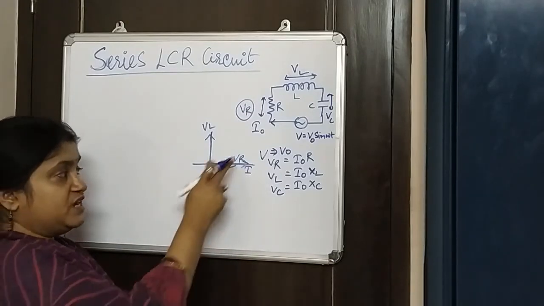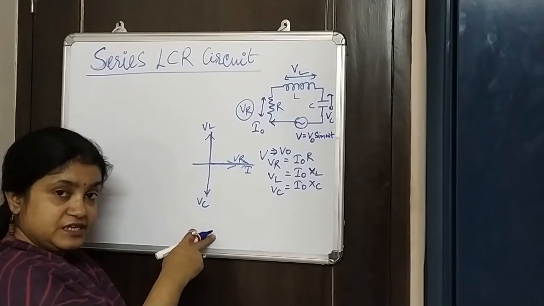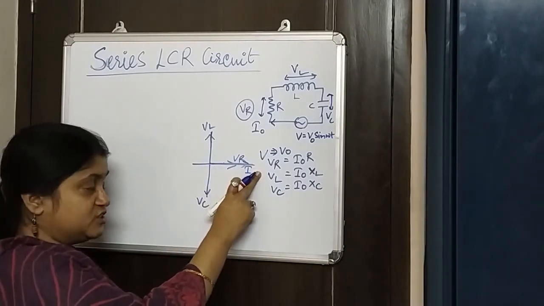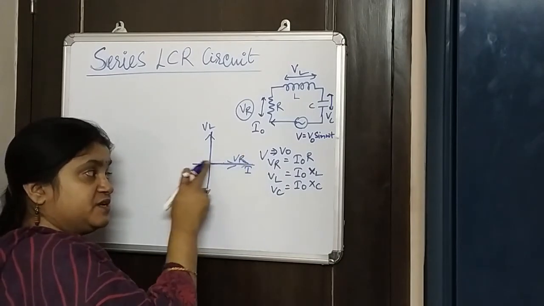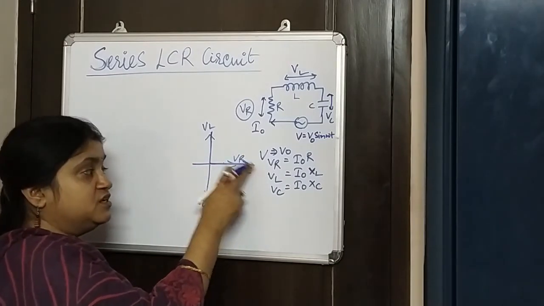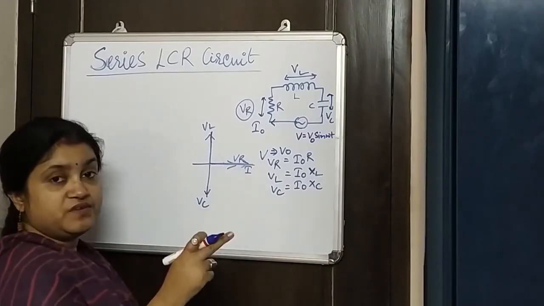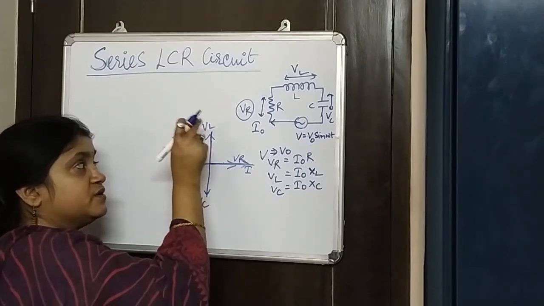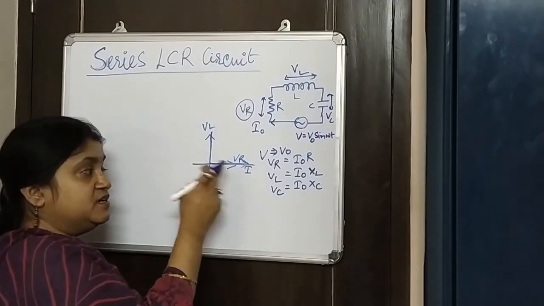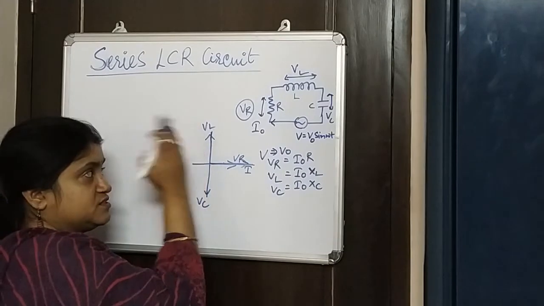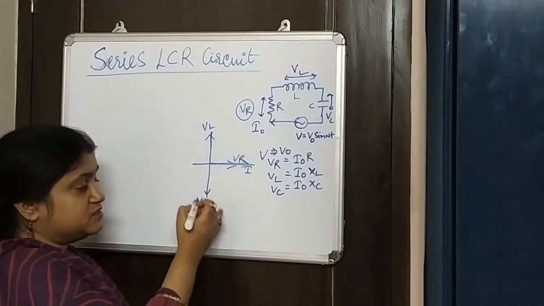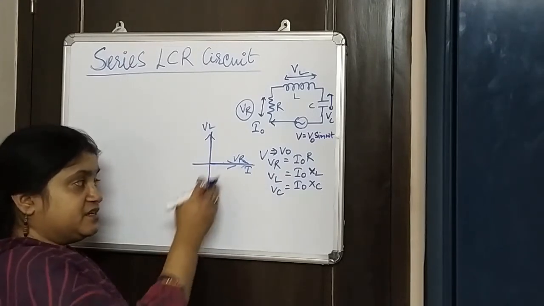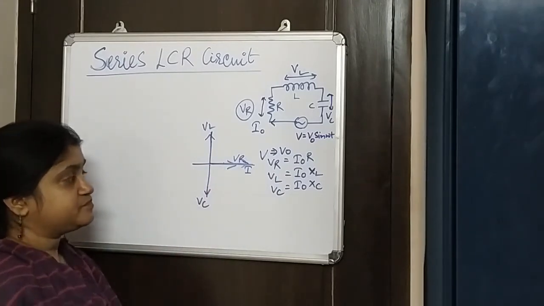So we have shown all three voltages in this phasor diagram. If this is the current direction, then the resistive element will be in the same direction as the current, because there is no phase difference. The voltage of the inductor element will lead the current by 90 degrees, so this is in this direction, and the voltage of the capacitive element will be lagging behind by 90 degrees, so this is in this direction.